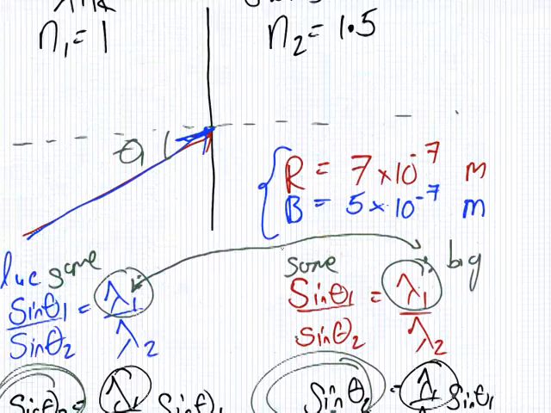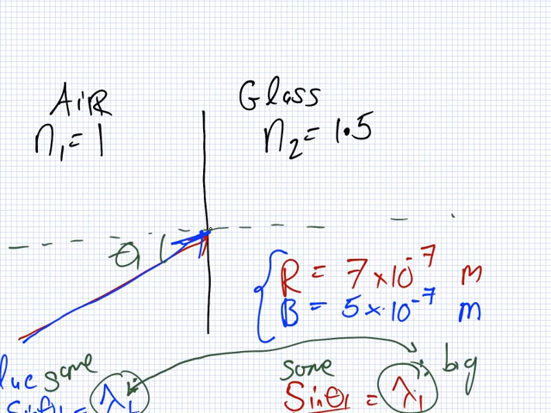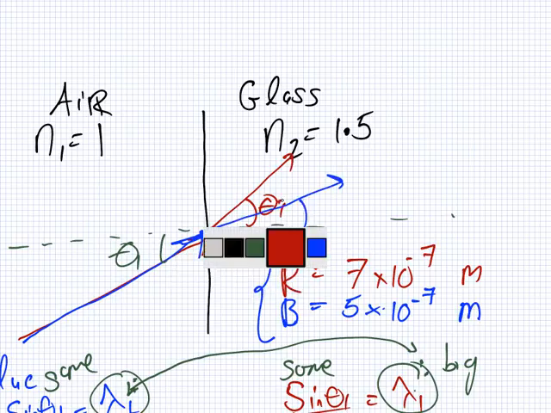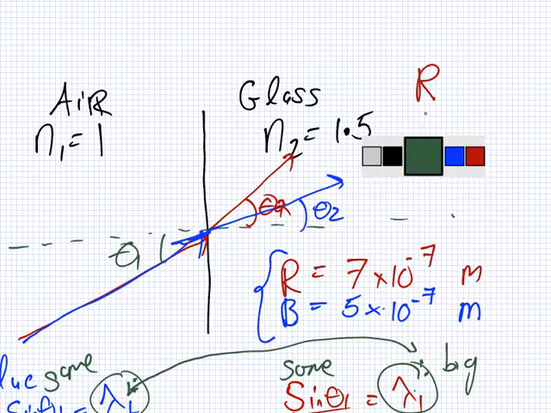So it means when I draw it, the bigger one, the red, will have a bigger angle. So theta 2 for red will be bigger than the blue angle theta 2. So what will happen is the lights will separate with different angles. Here you'll get red, and then the next one will be orange, yellow, green, blue.